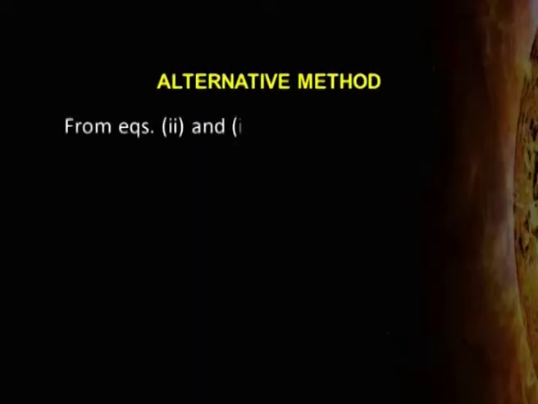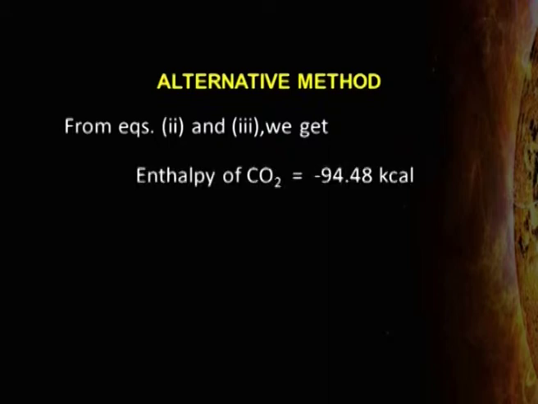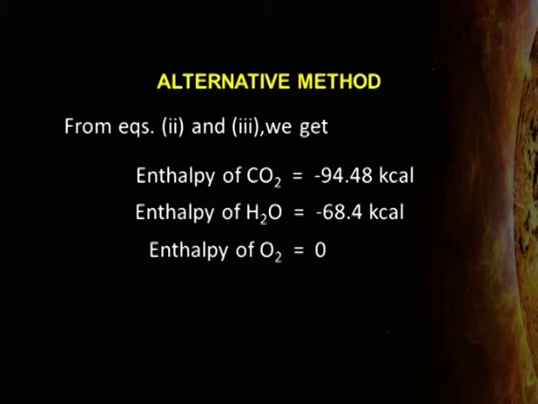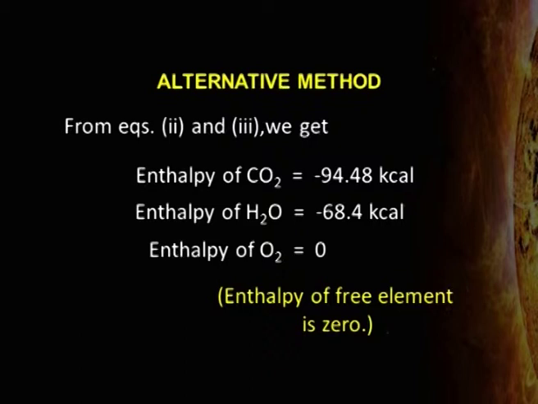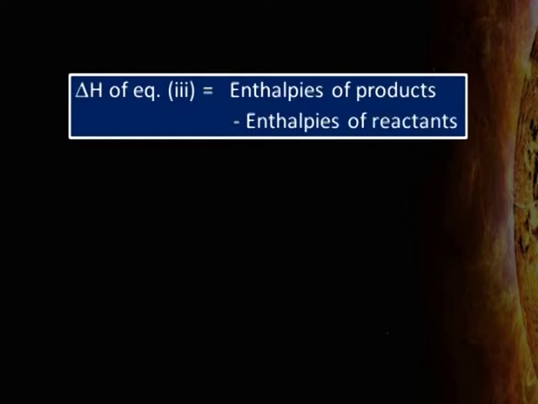Now, there is an alternative method also for this calculation. From equations 2 and 3, you can get enthalpy of formation of carbon dioxide equal to minus 94.48 kilocalories and enthalpy of formation of H2O equal to minus 68.4 kilocalories. Enthalpy of oxygen is equal to 0 because the enthalpy of free elements is taken to be 0. Delta H of equation 1 will be equal to enthalpies of products minus enthalpies of reactants.